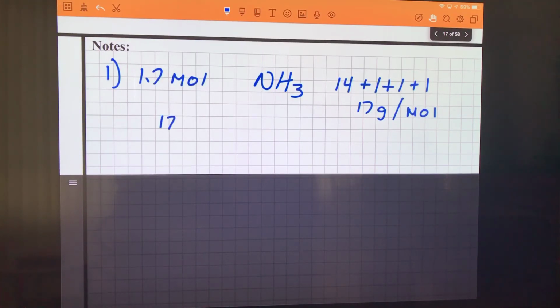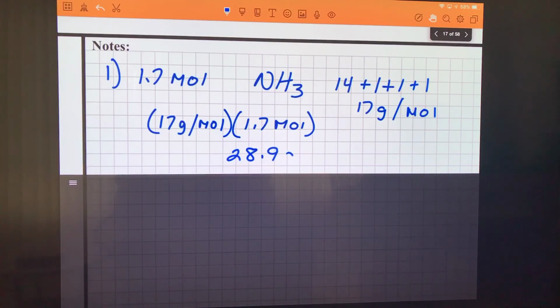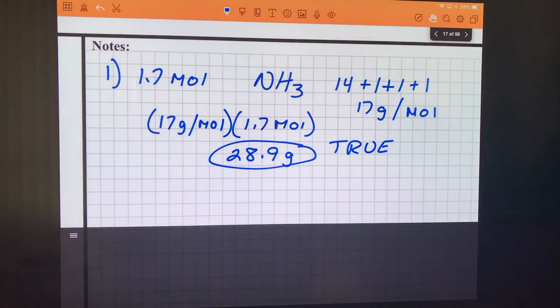So 17 grams per mole times 1.7 moles. And if I do that calculation, it does in fact equal 28.9 grams. So that was true. I don't often give you true ones, but I did this time.